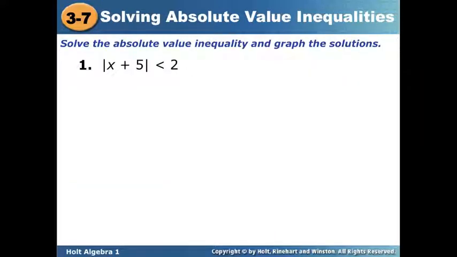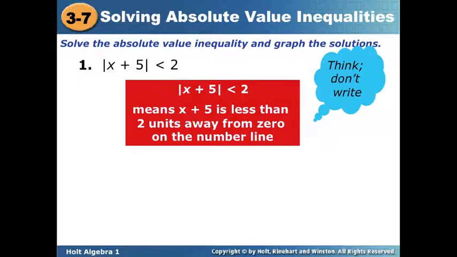Example number 1. We have the absolute value of x plus 5 is less than 2. Notice the symbol is a less than symbol. So when we work out and solve the inequality, our set notation and graph should be an "and." x plus 5 is less than 2 units away from 0 on the number line.